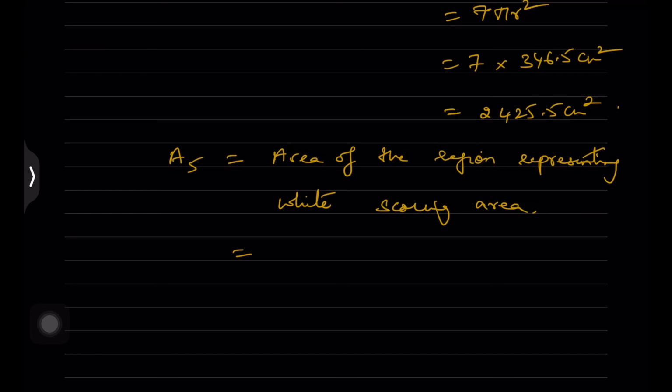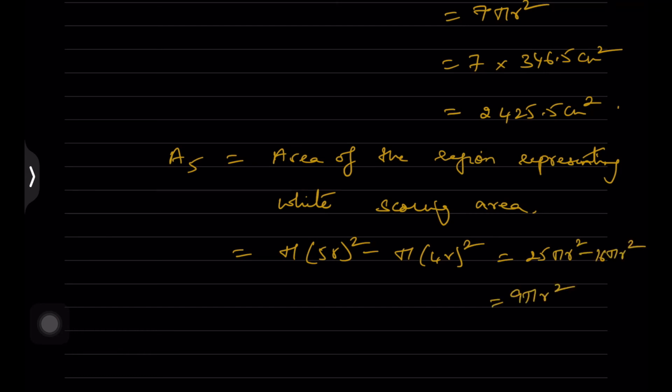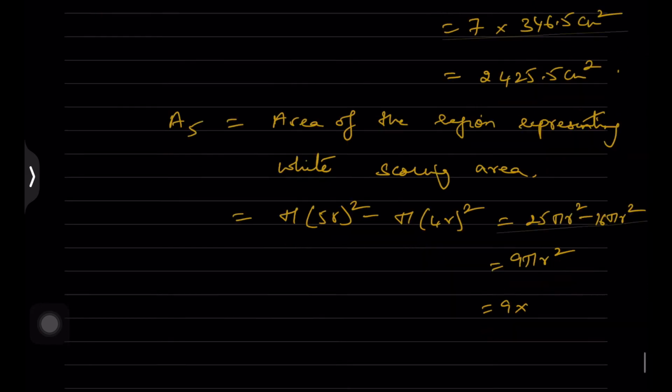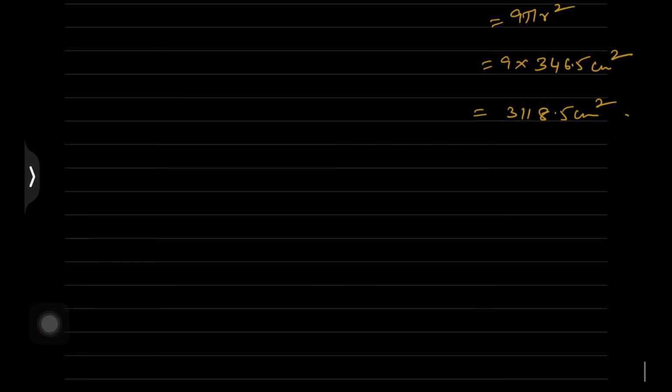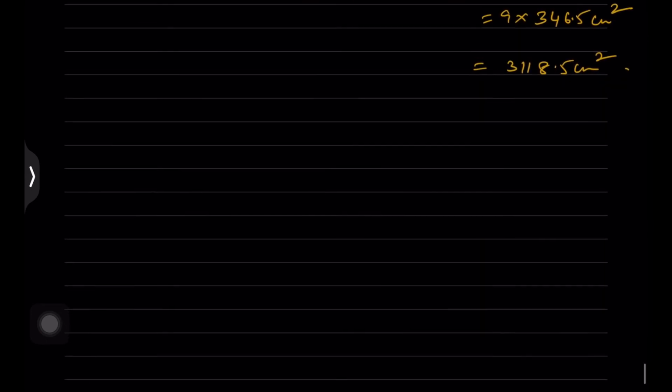So therefore the area will become pi 5r whole square minus pi into 4r whole square, which is equal to 25 pi r square minus 16 pi r square, which is equal to 9 pi r square, which is equal to 9 into 346.5 centimeter square, which is equal to 3118.5 centimeter square.